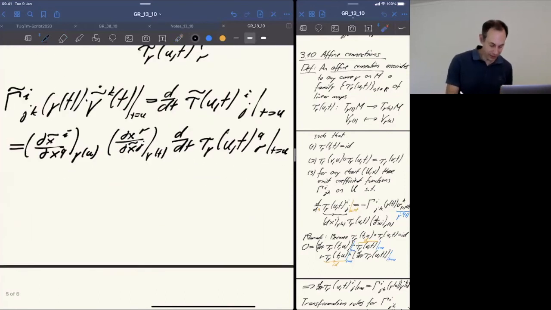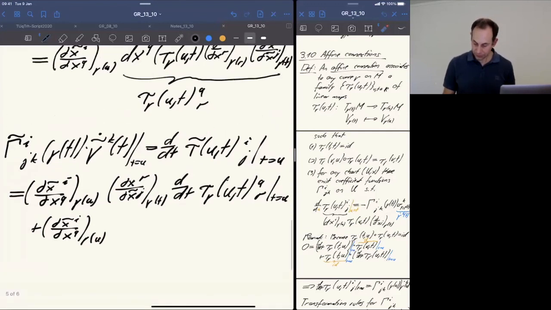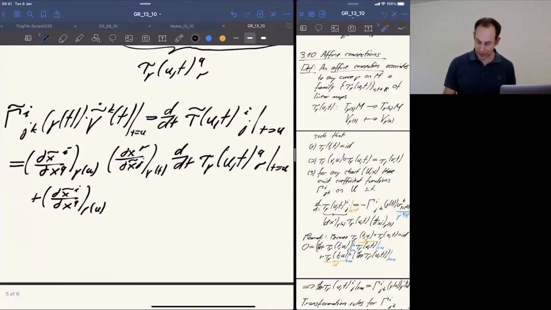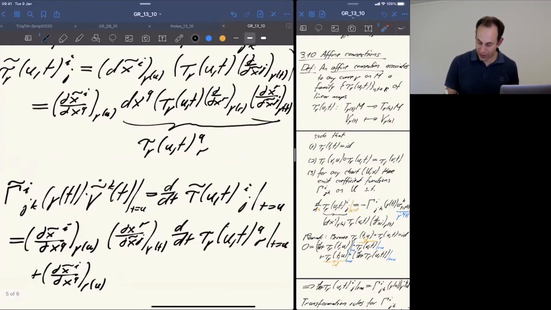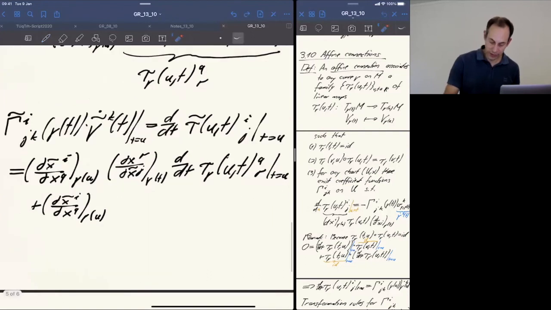But now we have the second term. For the second term, I still have this prefactor that remains the same, because it was not depending on t at all. And now I have to differentiate this thing with respect to t.